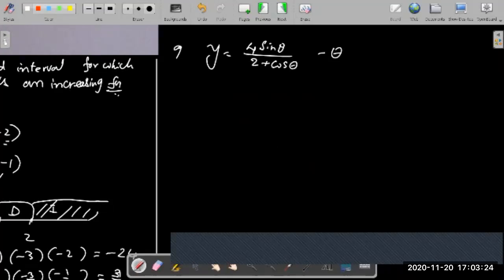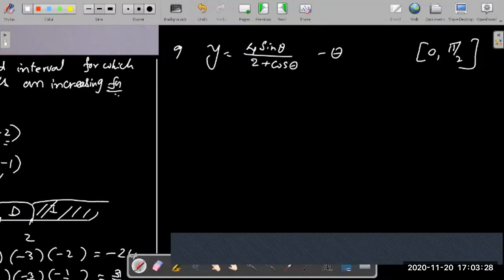So this is a function and the interval is 0 to pi by 2. We need to show that it is an increasing function. So y dash as usual, but let us see if anything else we can do to simplify this. No, I don't think we can simplify. We have to use the u by v rule.